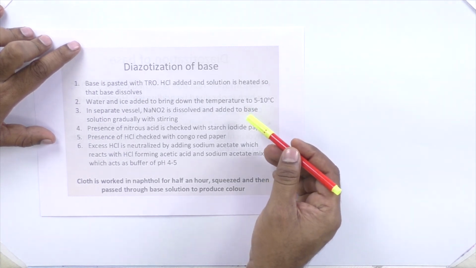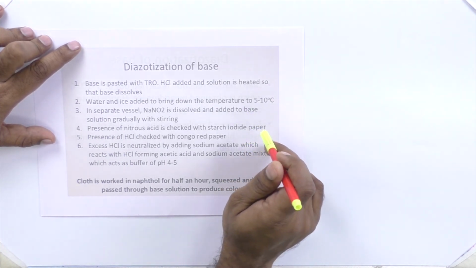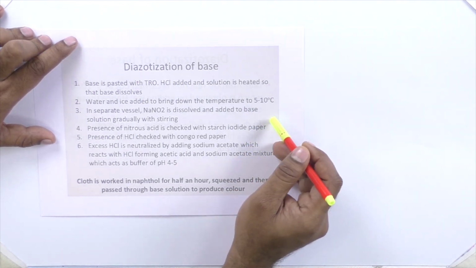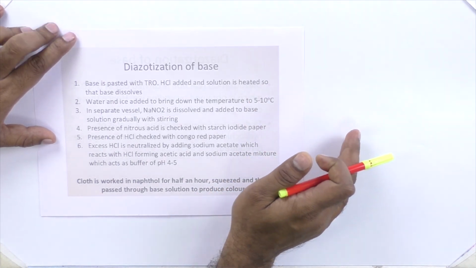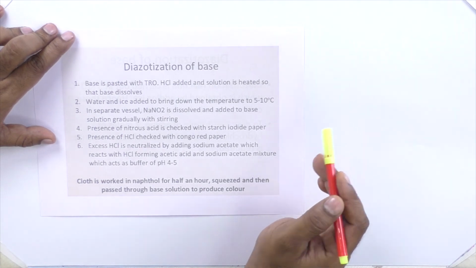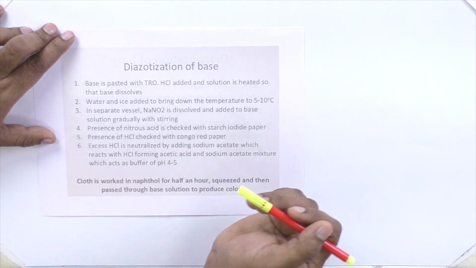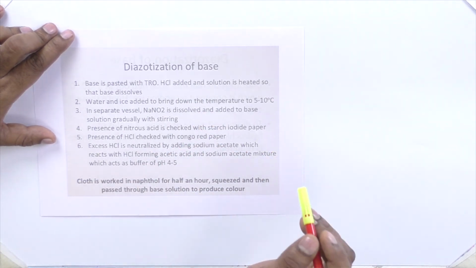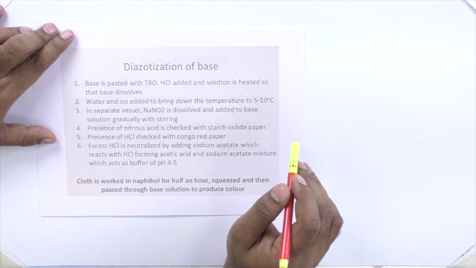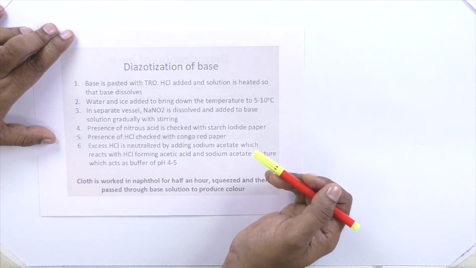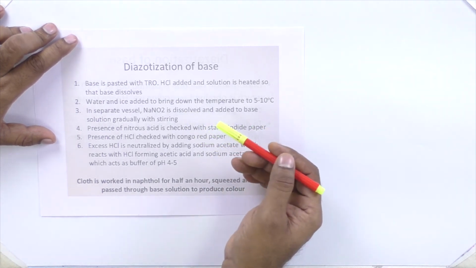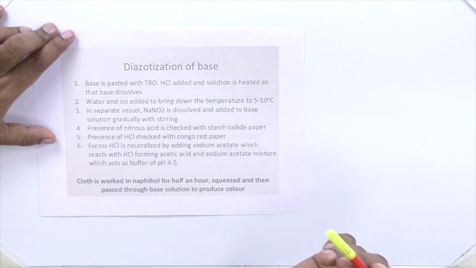Naphthols don't have substantivity towards cellulosic fibers, so you have to temporarily fix the naphthols. Normally the padding method is used to apply the naphthols, and then you dry the fabric and apply the base. Coupling takes place, and after coupling you wash the fabric and dry the sample.